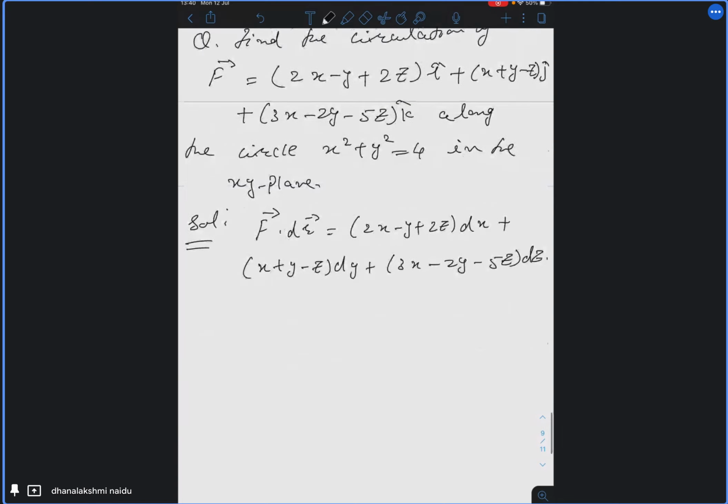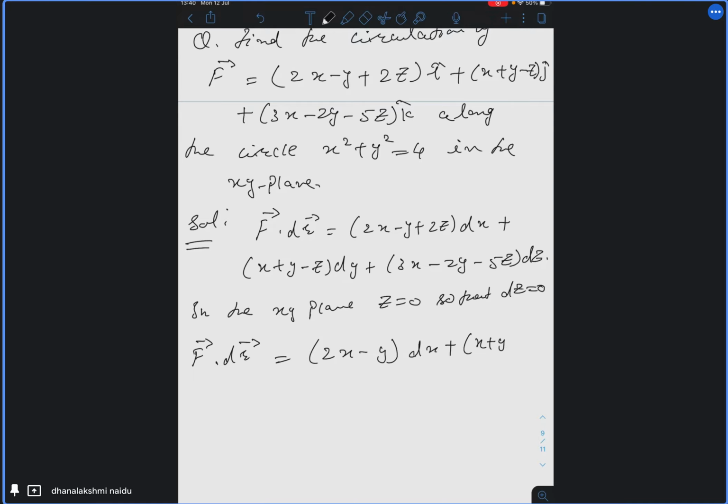But in the xy plane, z is 0, so dz is also 0. So therefore, your F bar dot dr bar will be equal to (2x minus y) dx plus (x plus y) dy only you will have.